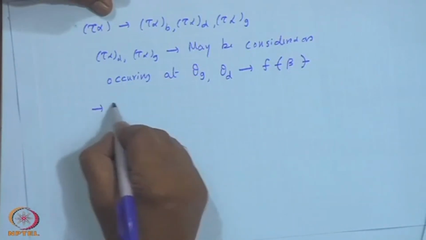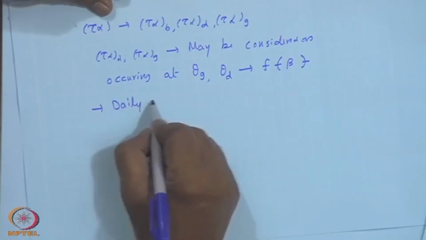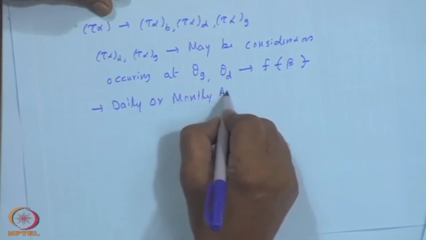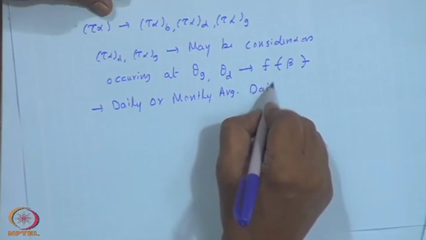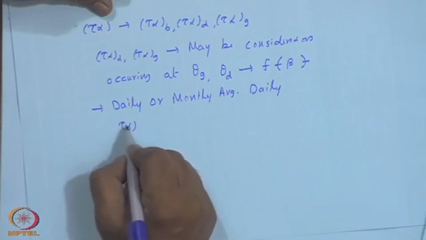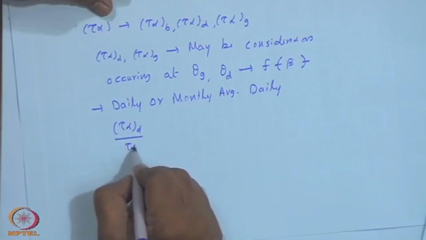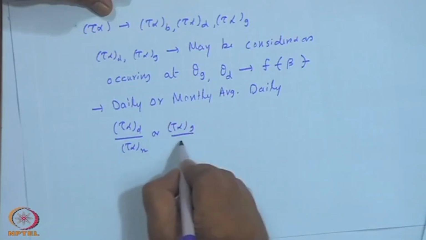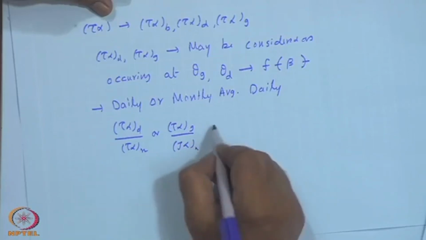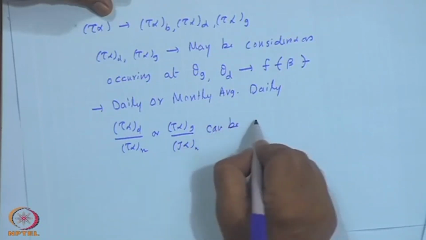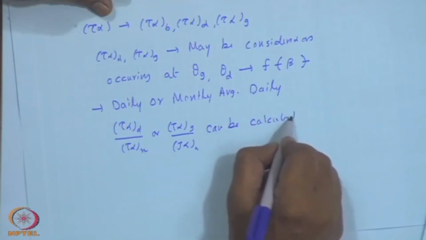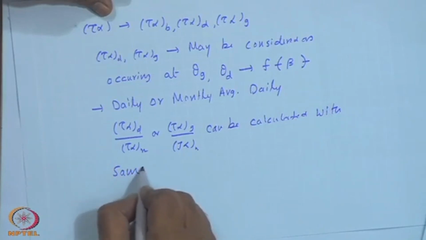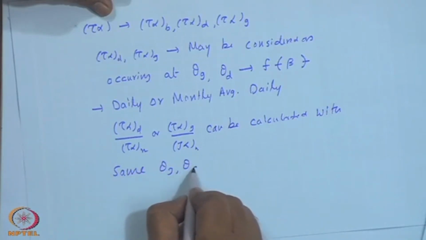So, the daily or monthly average daily tau alpha d by tau alpha n or tau alpha g by tau alpha n can be calculated with the same theta g and theta d.